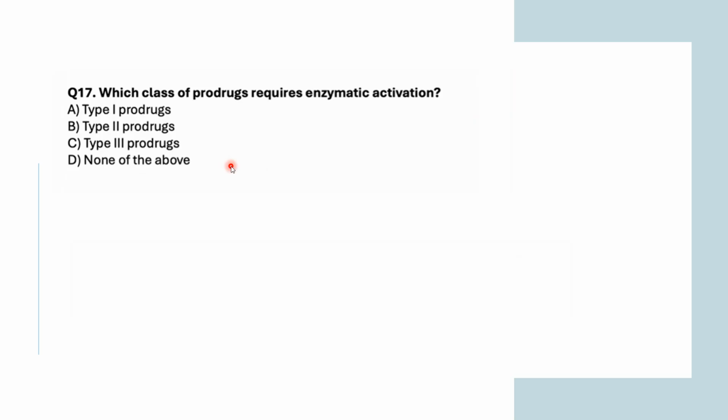In which class do you think it requires enzymatic activation? Is it type 1, type 2, or type 3, or none of the above? What do you think is the class of prodrug which requires enzymatic activation? Any guesses?